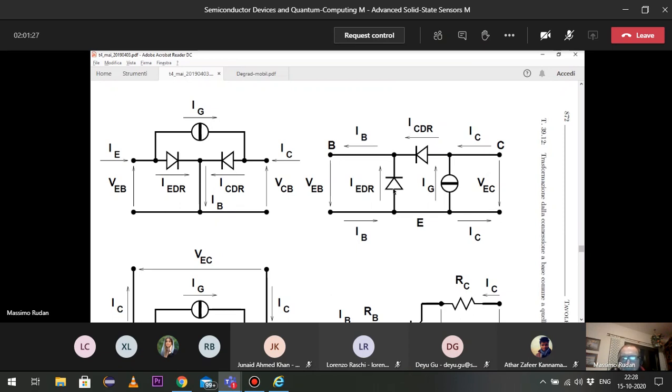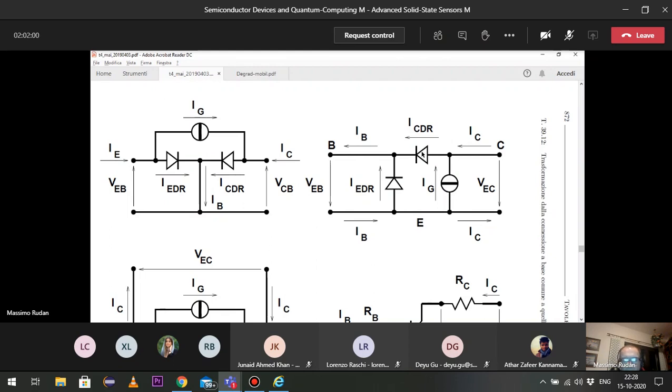And when you linearize this other diode, you obtain another resistor that is called R sub mu, and it is usually neglected because R sub mu is very large because that diode is biased in the reverse mode, okay? So this is how you obtain the small signal equivalent circuit.